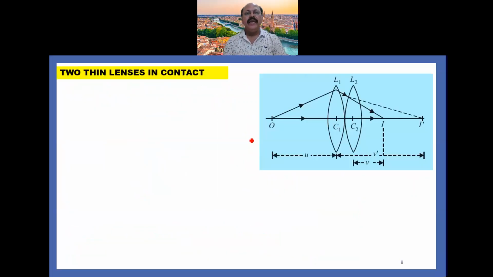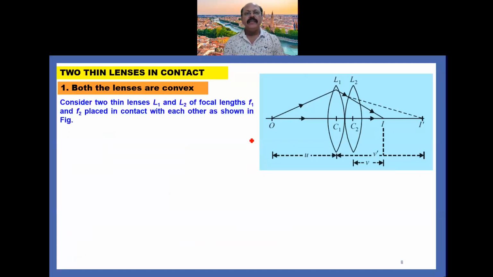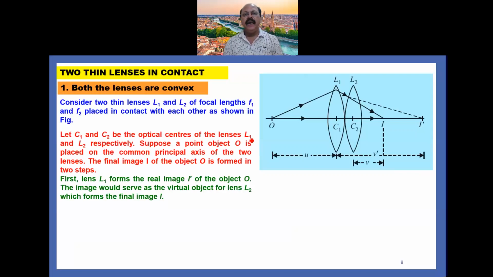Now two thin lenses in contact. So first case we take, both the lenses are convex. Here we are considering two thin lenses L1 and L2 of focal length f1 and f2 placed in contact with each other, as you can see in the diagram. C1 and C2 are the optical centers of the lenses L1 and L2 respectively.